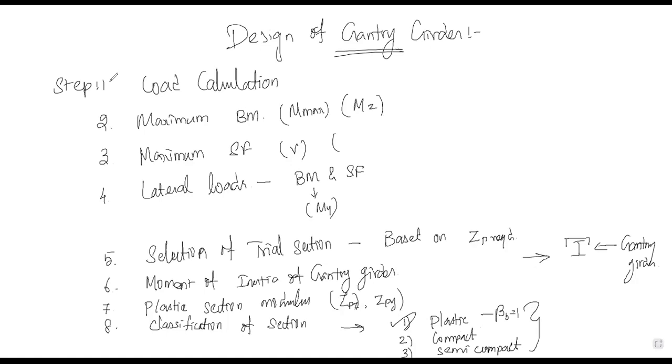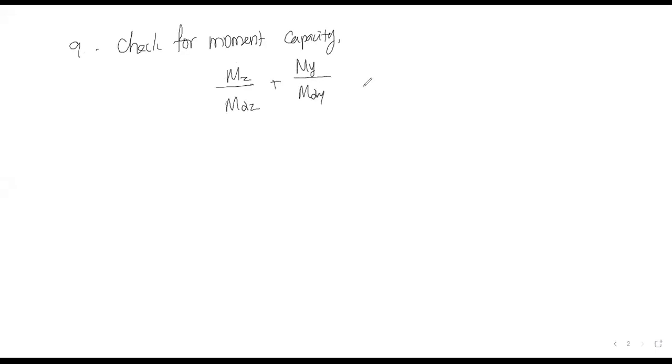Okay, so ninth step, that is check for moment capacity. So here we have done that Mz by Mdz plus My by Mdy should be less than or equal to 1. So this is our condition. Okay, so that condition we have satisfied.